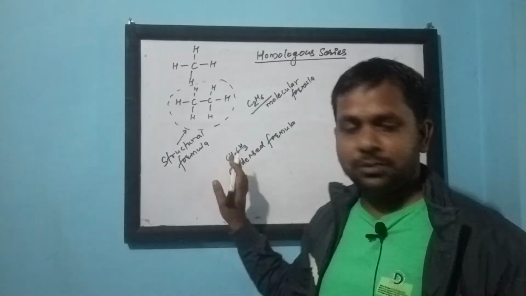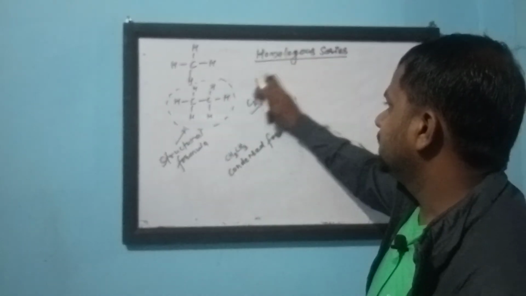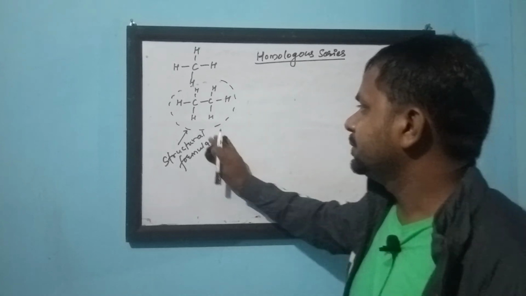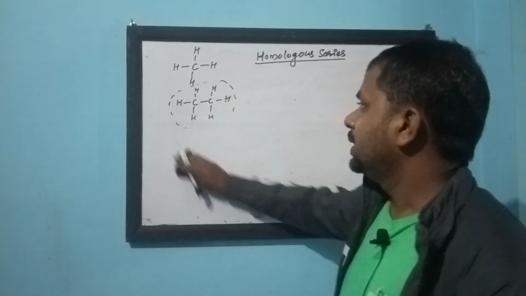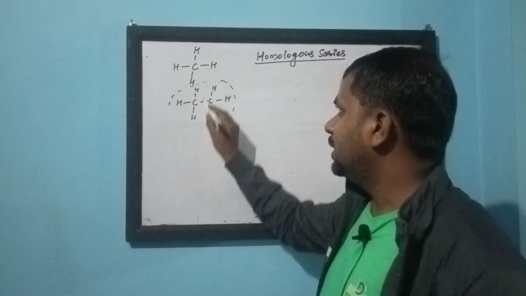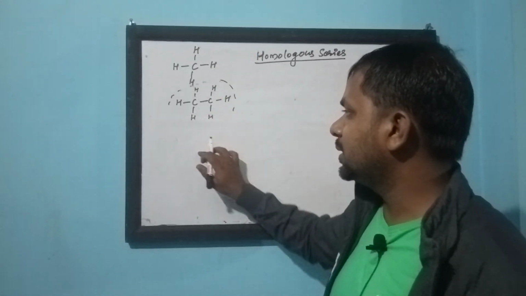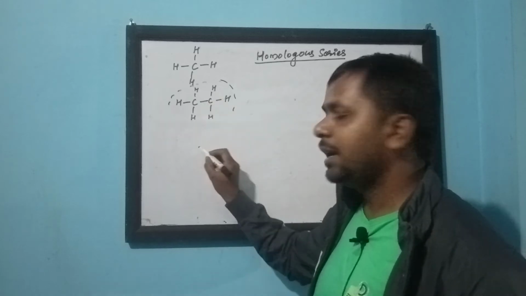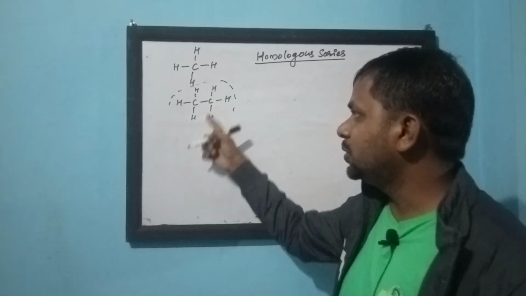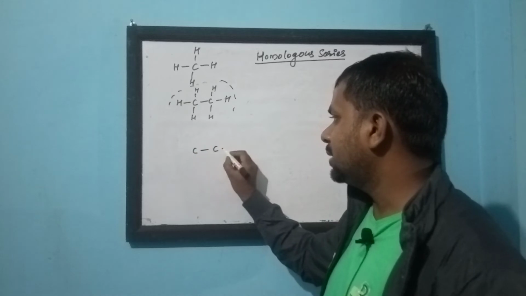I hope you understood this. Now again we go to the concept of homologous series. After this, I am drawing this alkane. This is also an alkane, with one more carbon here. Another alkane I am drawing here, with one more carbon than this, that is 2 carbons. Here I am drawing a 3 carbon alkane.